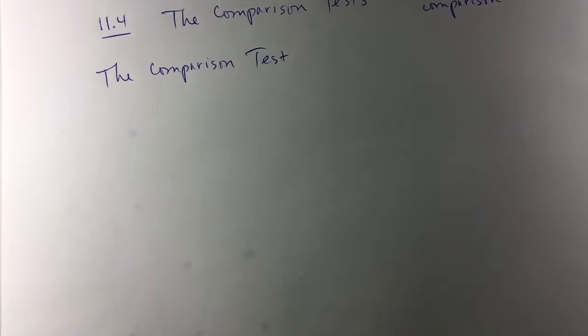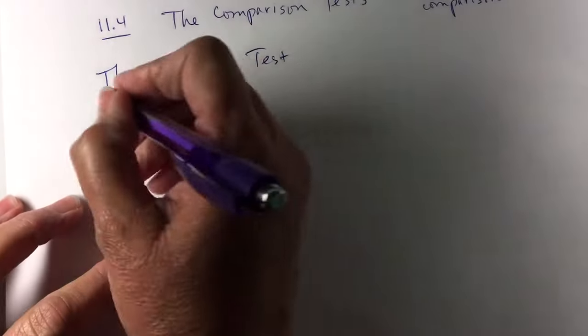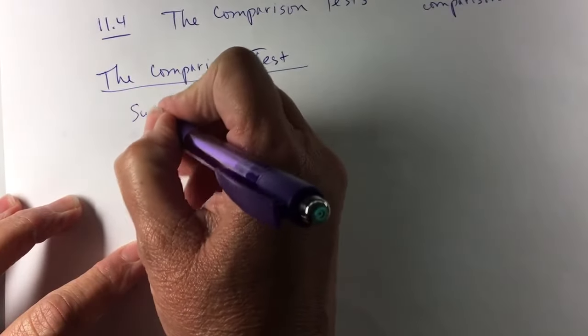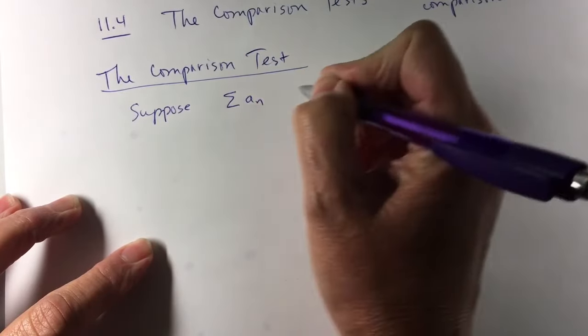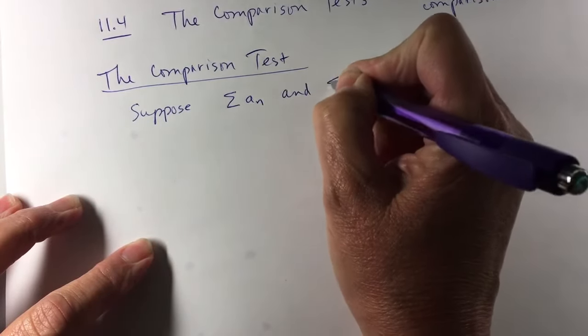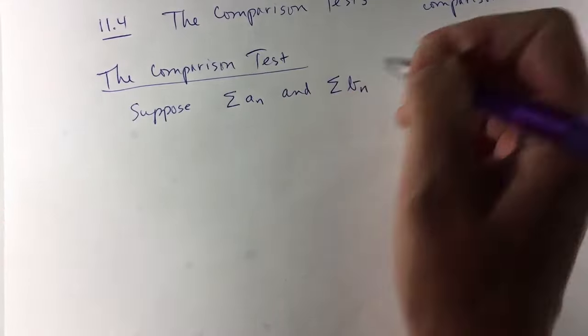And the first one is called the comparison test. So the first one is you have two series and they have positive terms. So we have this. Suppose we have series A sub n and series B sub n.